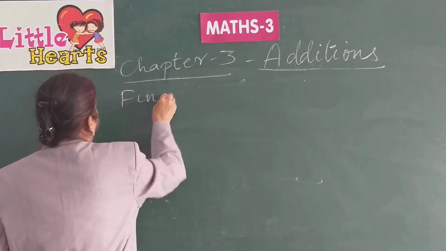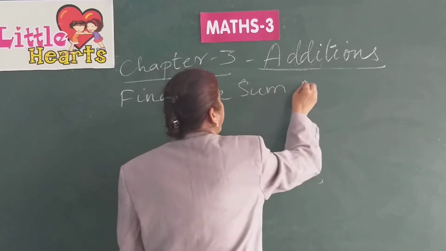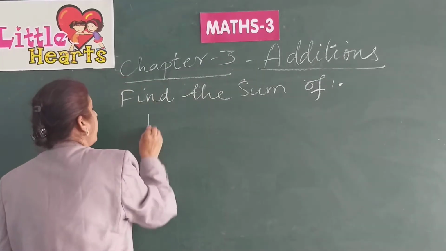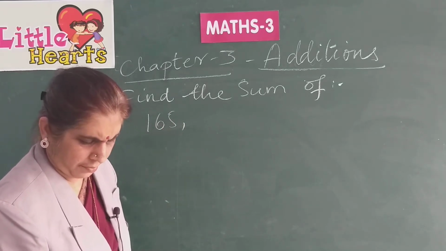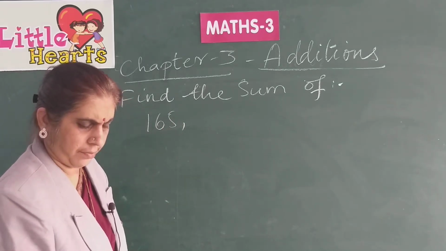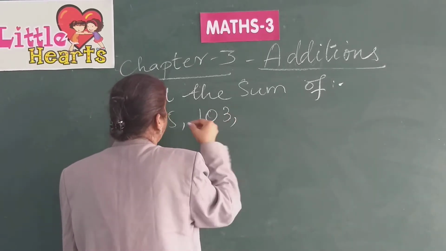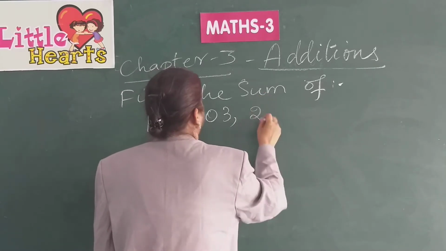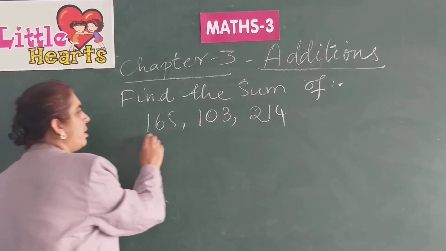Find the sum of 165, 103 and 214. Sum is nothing but the answer we get after addition. These are the numbers given.